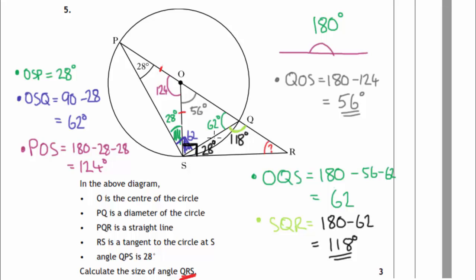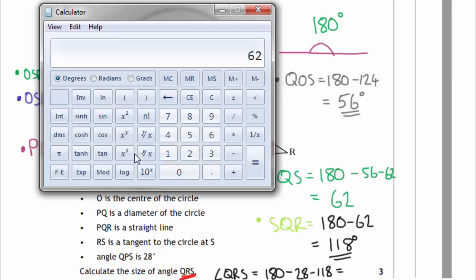So we have this triangle in which we've now got two sets of values. So we can say angle QRS equals 180 minus 28 minus 118. Get the wee calculator up, knowing my luck I've made a wee mistake along the way.